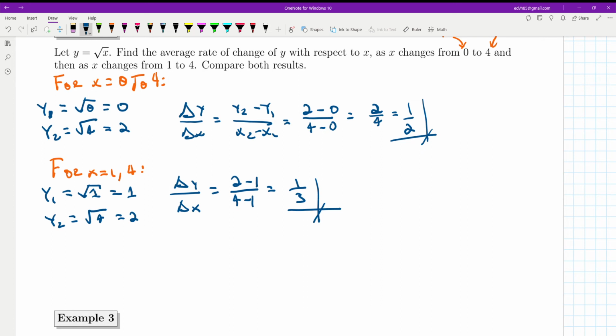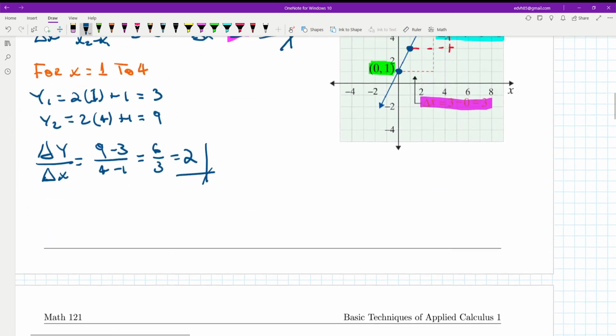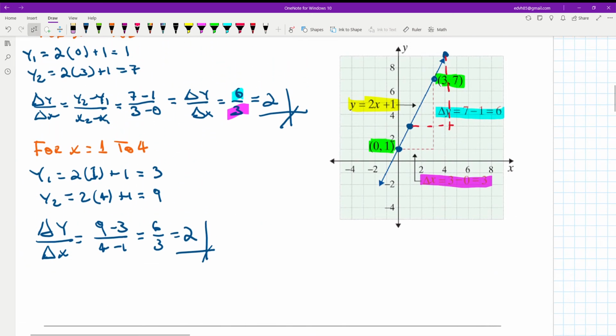So what we're doing essentially is finding the average rate of change, which is like the slope, or the average slope, between the points where x equals 0 and 4, and 1 and 4. However, in this case, the two numbers were different, as opposed to the case in which we had the linear function.